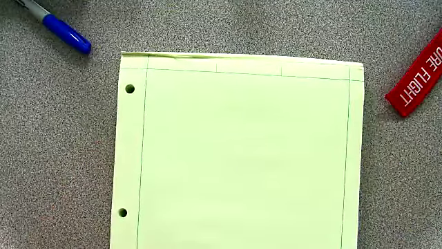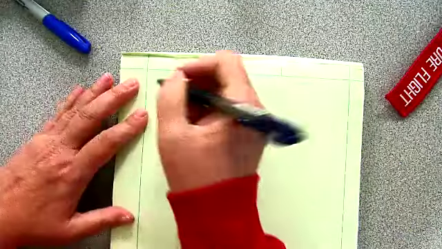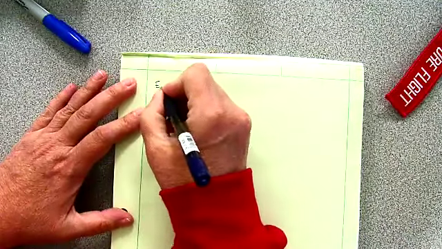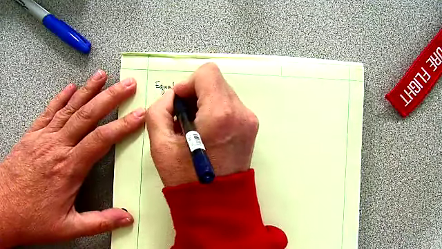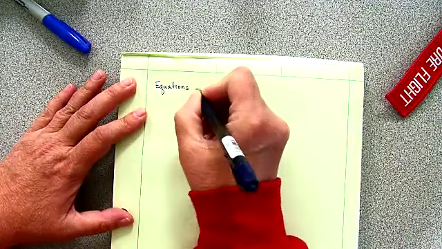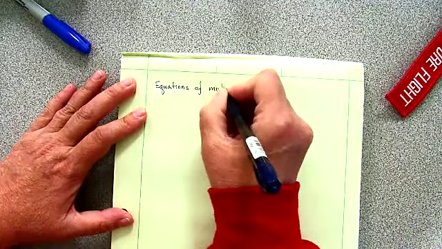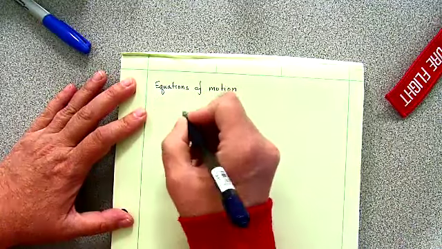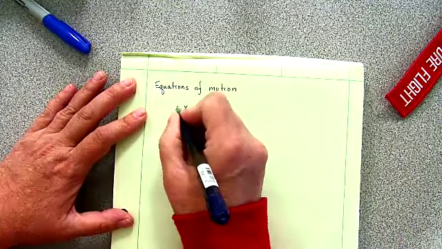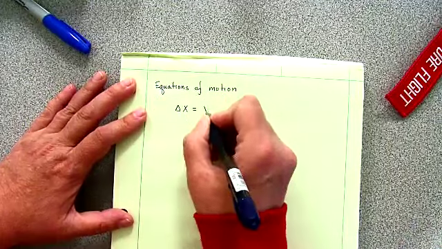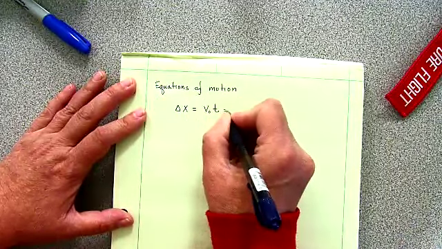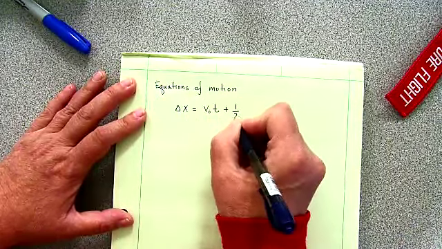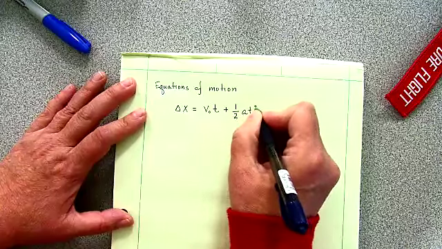So let's do a problem that's going to help us look at this as well. So we've gotten through chapter 1 enough that we now have our 3 equations of motion. And they are, my change in x is going to equal my initial velocity times time plus 1/2 acceleration times time squared.